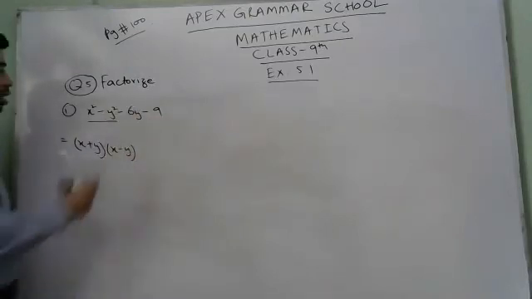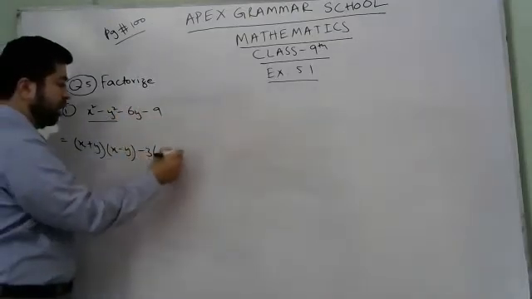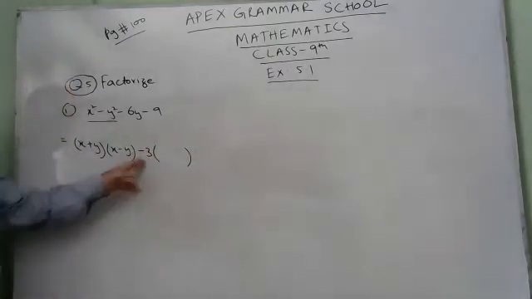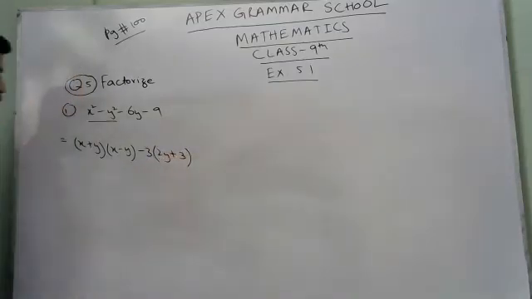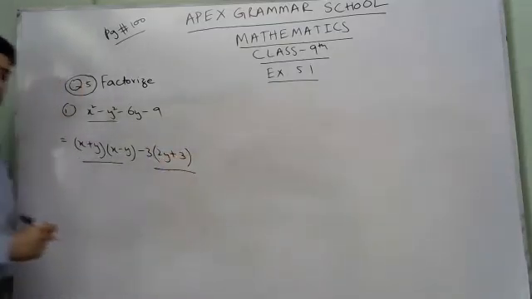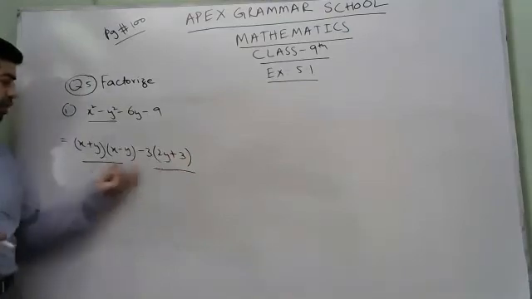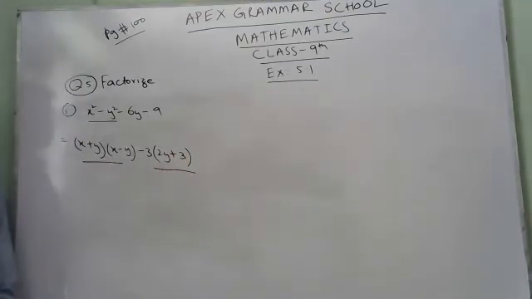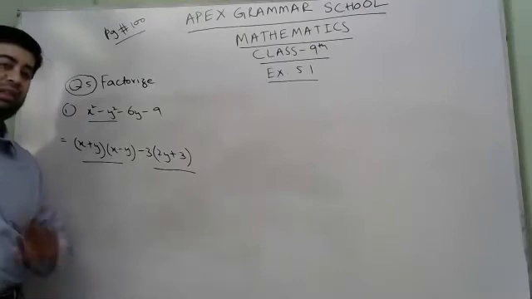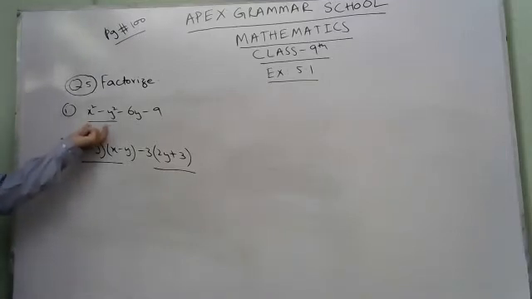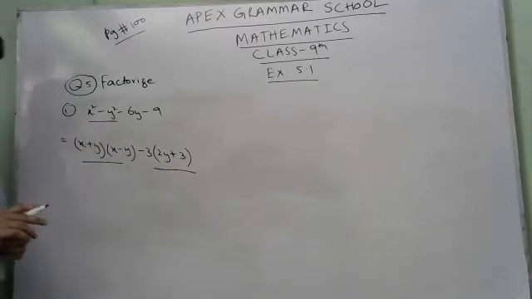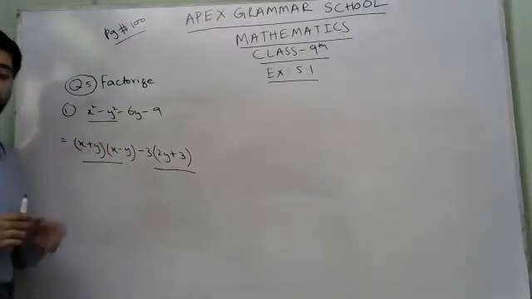You can say that minus 3 is common. 3 2s are 6, that is 2y plus 3. So what is common from these both expressions? You can say that there is nothing common here. So how can we factorize this situation? The answer is this: x square minus y square is not only a single formula. We can say that there can be many possibilities of making a formula.